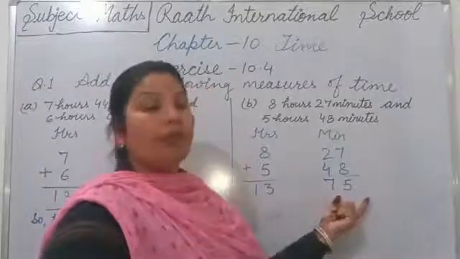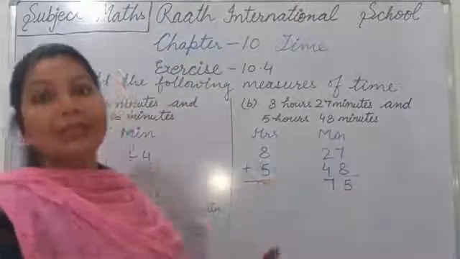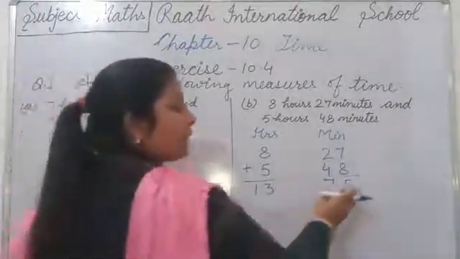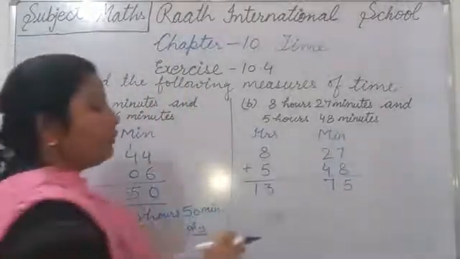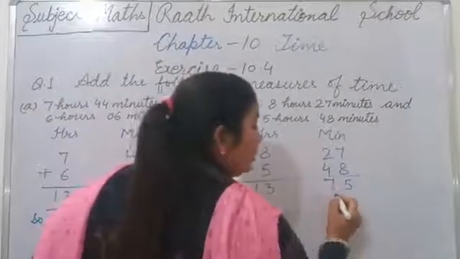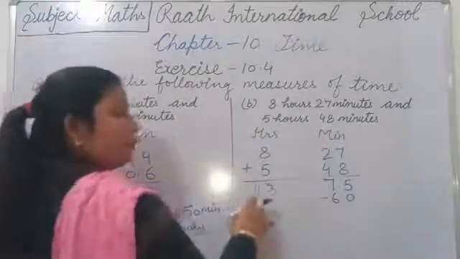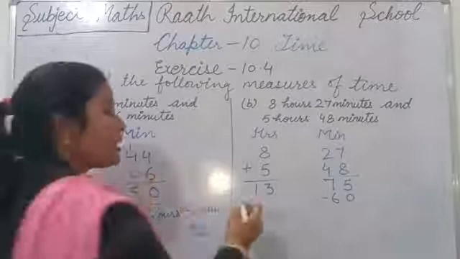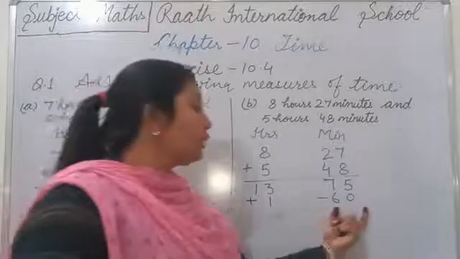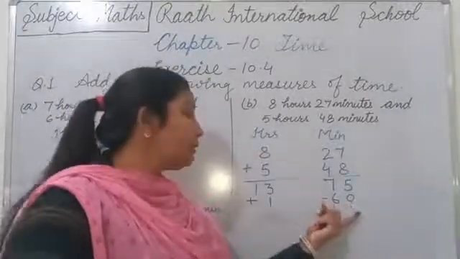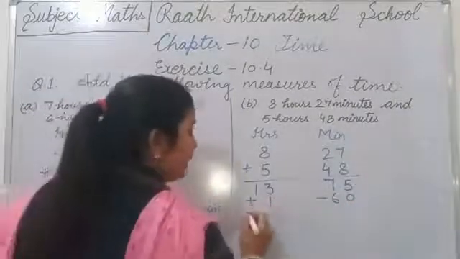That means we will give 1 carry to the hour and reduce 60 from the minutes. Whenever you have 60 or more than 60 in the minutes, we give 1 carry to the hour. So we minus 60 here, and in hours we do plus 1. How come it's 1? Because we reduce 60 minutes from the minutes, and 60 minutes make 1 hour.